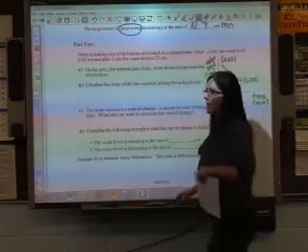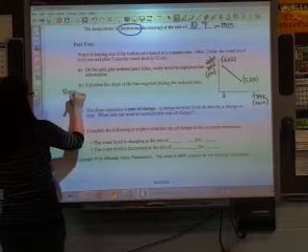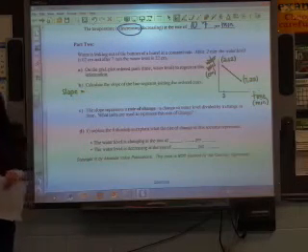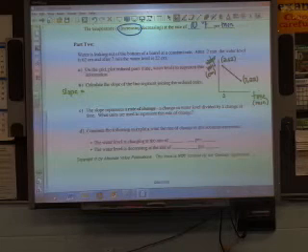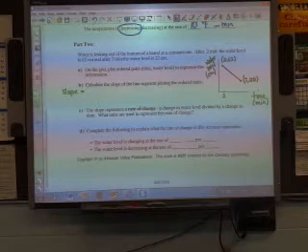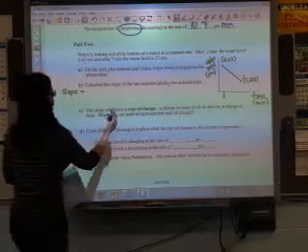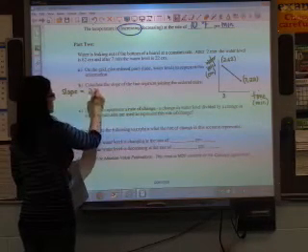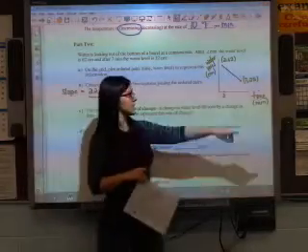So if I calculate the slope this time, slope is the difference in my y coordinates, 22 minus 62, and the difference in my x coordinates.